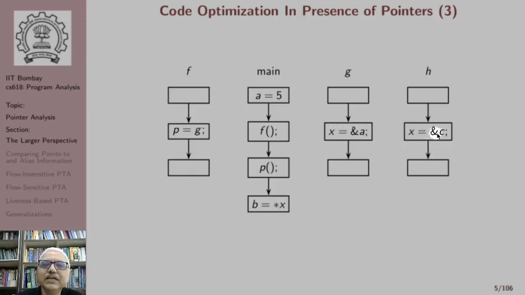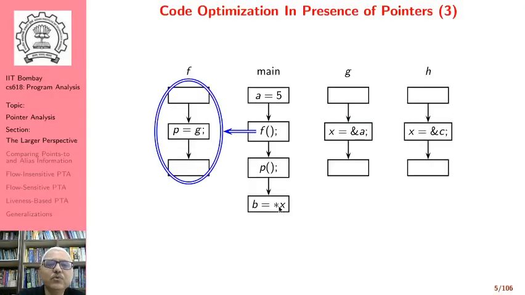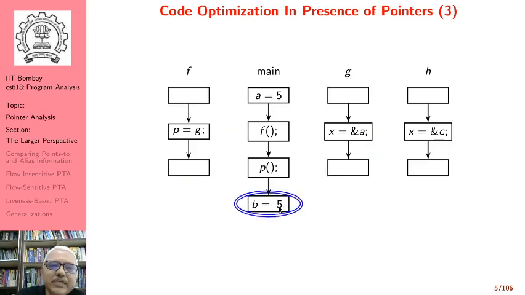If X is assigned the address of C, then we cannot do this optimization. So what we have to understand is the call to F does this assignment to G, which means that P is going to call procedure G and not procedure H, which means that this optimization can be done. So we have to do analysis of not just data pointers, but analysis of function pointers as well. And there are some differences between data pointers and function pointers.